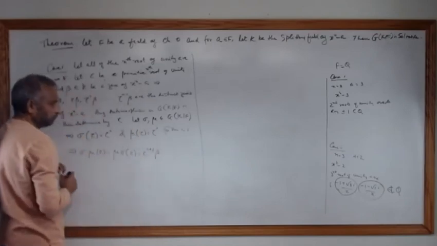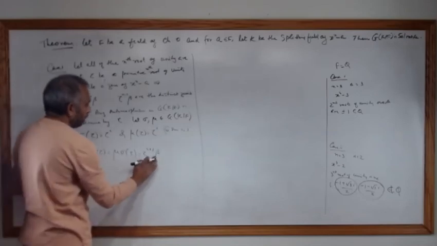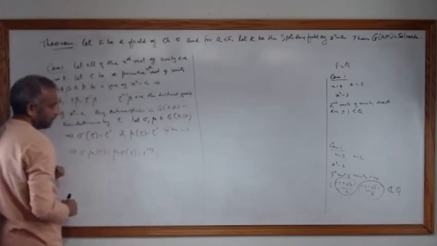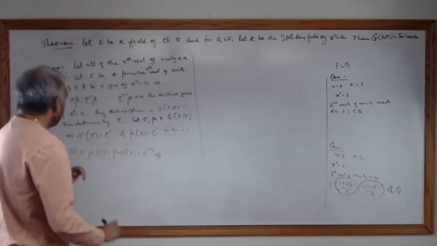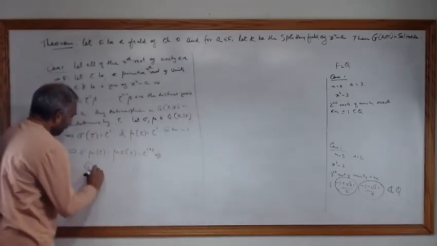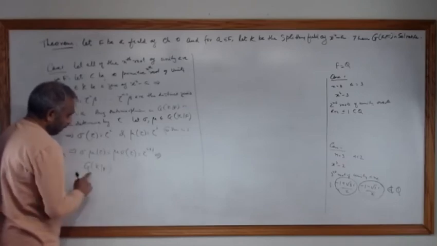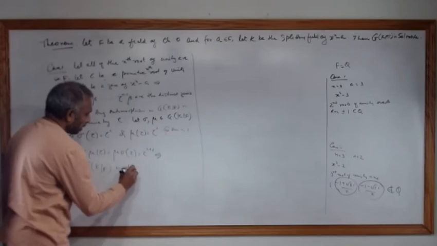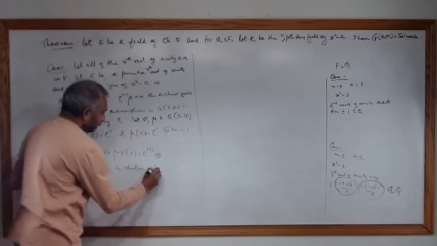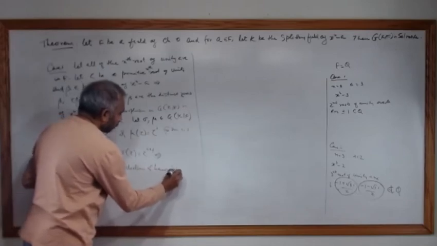This implies G of K over F, the Galois group of the splitting field, is abelian and hence solvable.